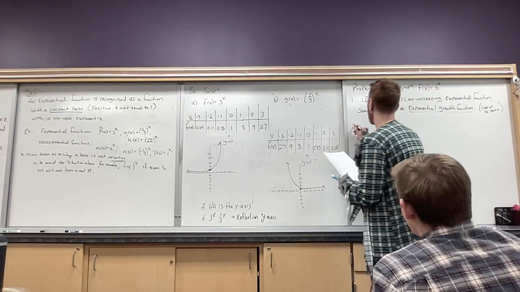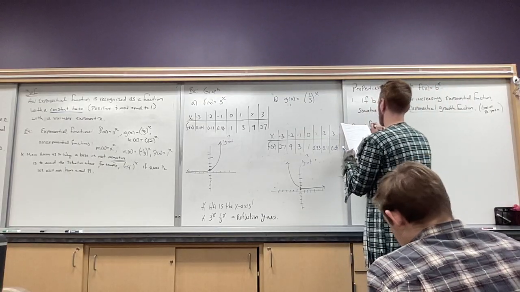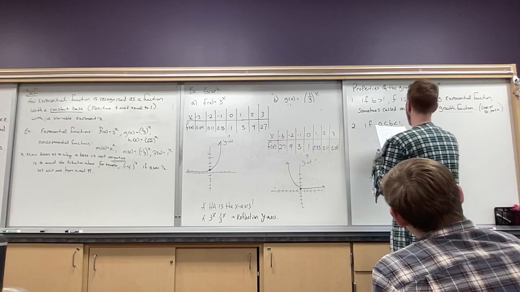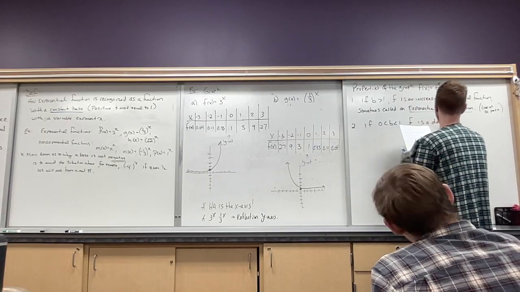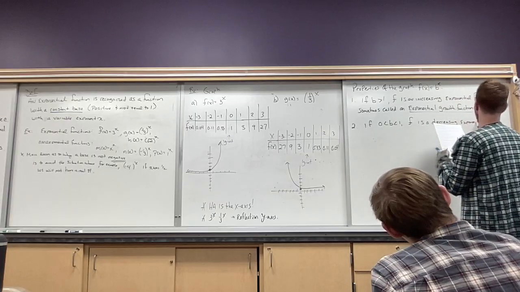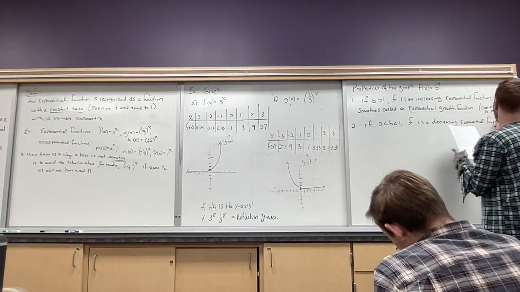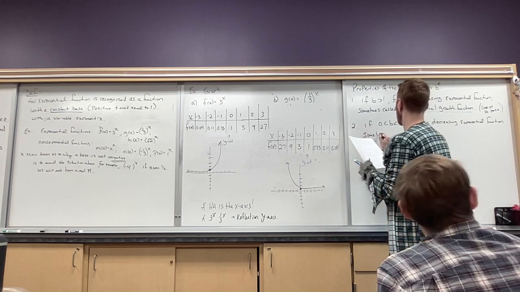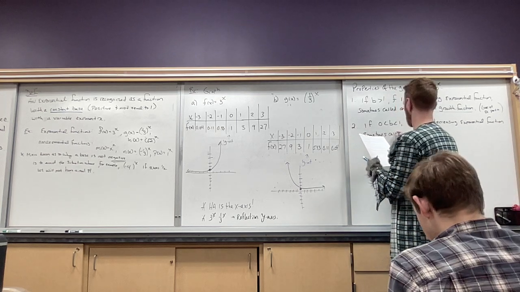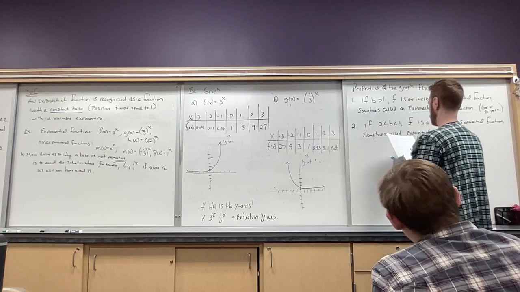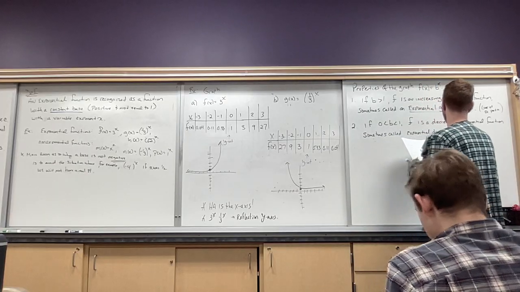So now let's talk about part B's characteristics here. So if b is a fraction, then we say f is a decreasing exponential function. And this is sometimes called an exponential decay function.